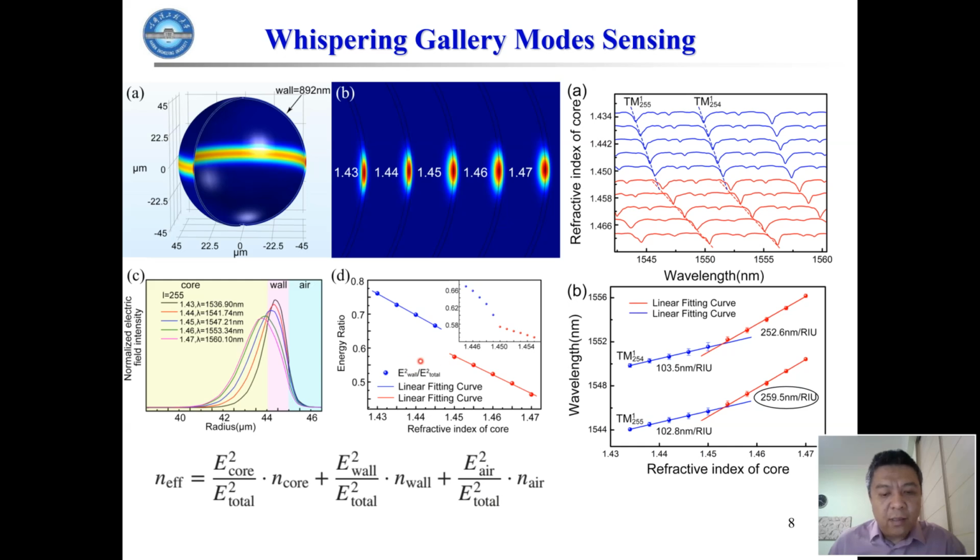You can see the resonance wavelength shifts in one line when the index is below 1.45, and in another line when the index is higher than 1.45. It also means there are two sensitivities for the refractive index change. It is not a linear shift, it is a two-linear shift.